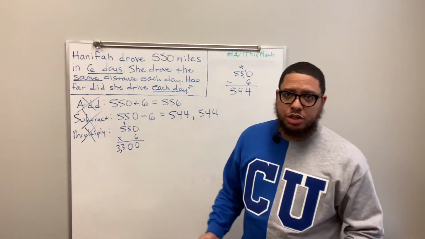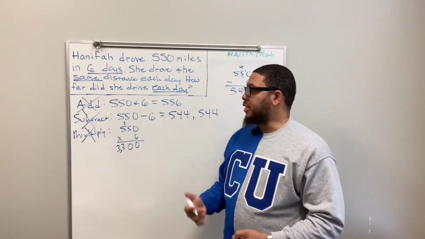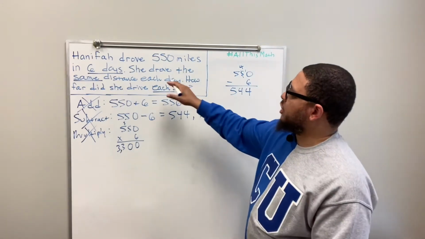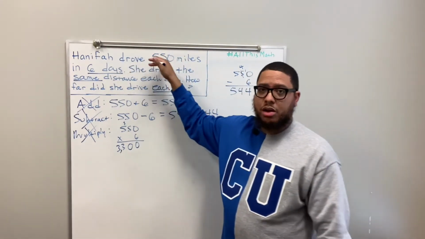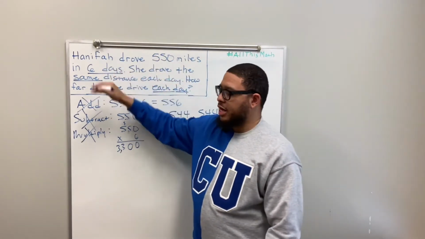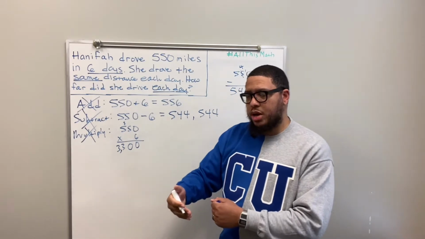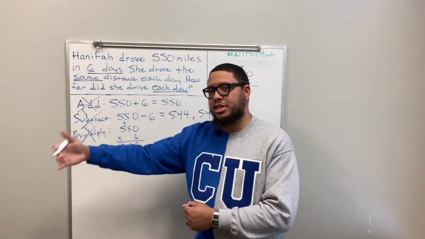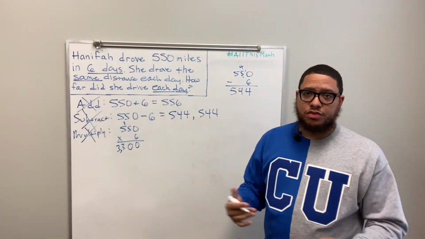They kind of let you know, right, and insinuate that you should be doing division. Because what we're really doing is we're saying, okay, altogether, Hanifa drove 550 miles, but she did that over a 6-day period. So that means she drove some day 1, then day 2, then day 3, day 4, day 5, and day 6. But what we want to know is how many miles did she drive each of those days?